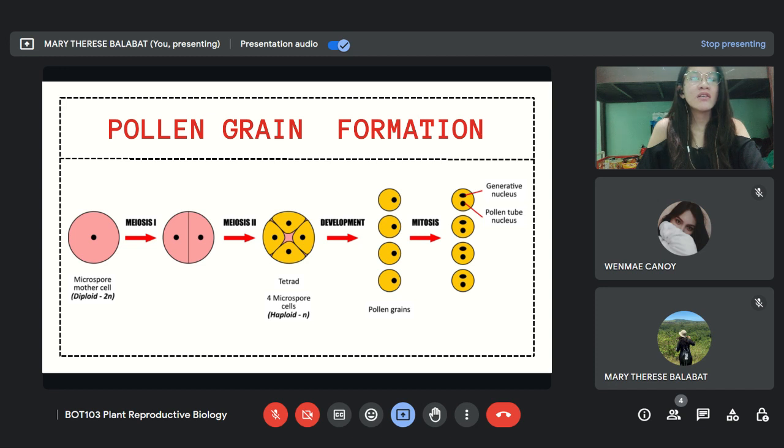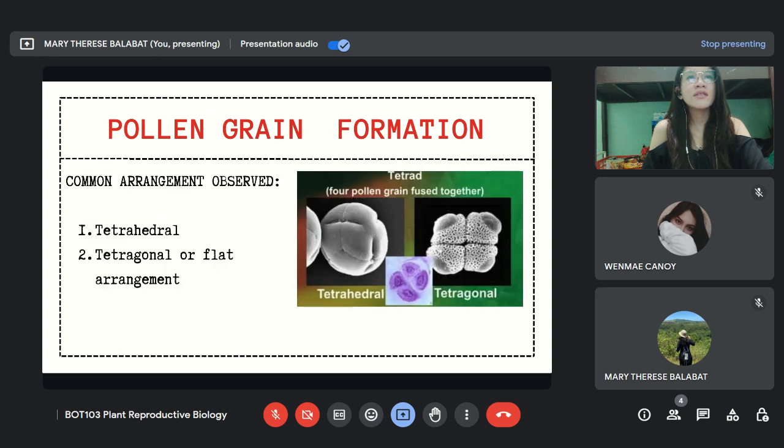Tetrad means 4 microspore cells, so it becomes haploid. Then it develops into 4 pollen grains, and via mitosis, this will have 2 nuclei, the generative nucleus and the pollen tube nucleus.